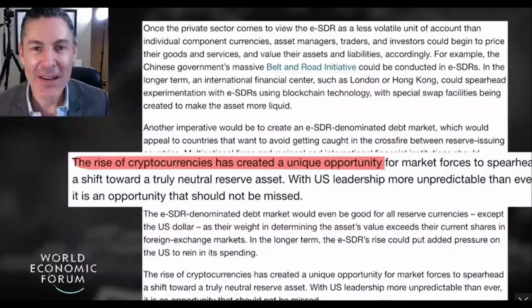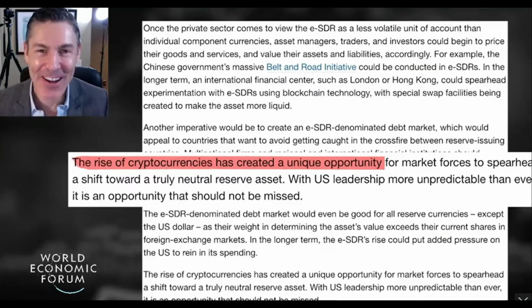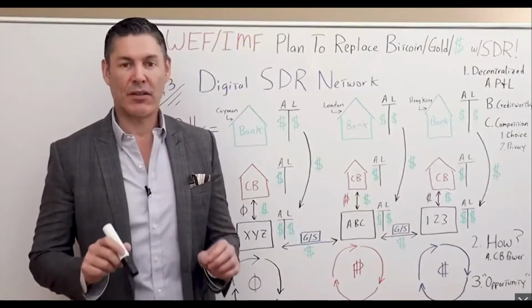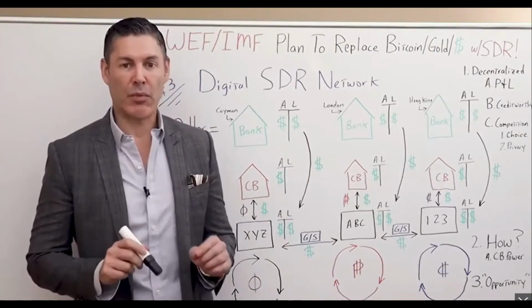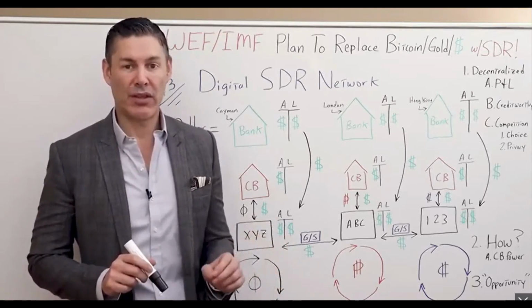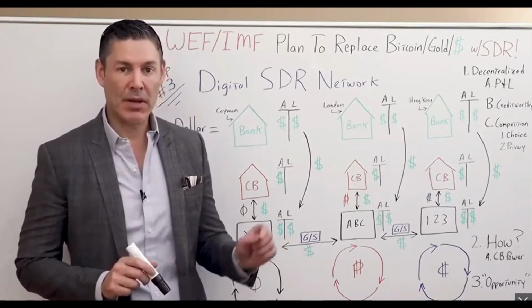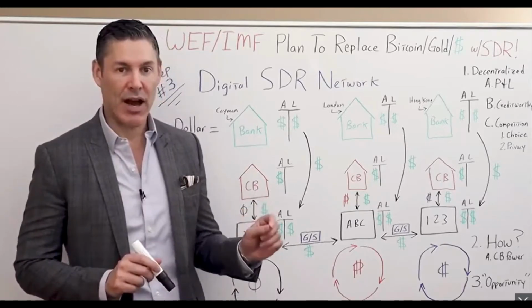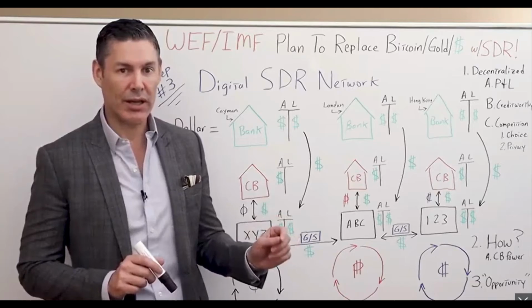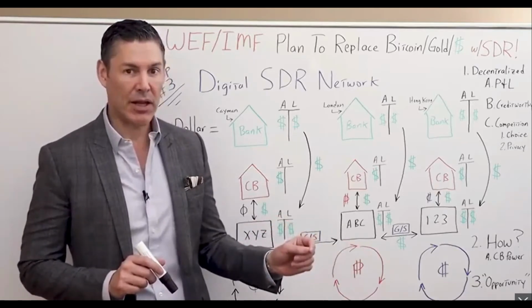It seems like any event that's happening around the world is an opportunity for him to further his agenda, which in this case is a digital SDR. So it's obvious the global elite want to replace the dollar, Bitcoin, and gold with the digital SDR. But now let's connect the dots to understand what that system would look like and how they might get there.